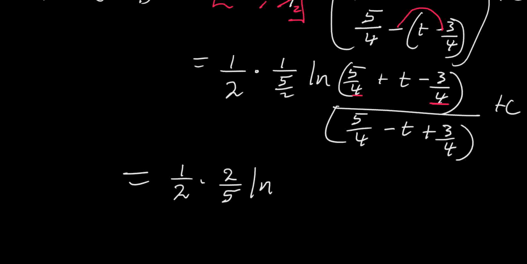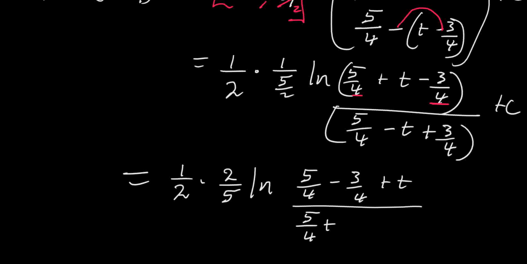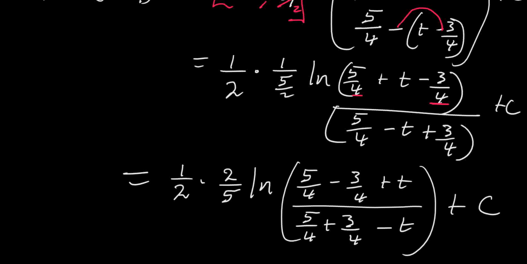So this is going to give us 5 over 4 minus 3 over 4 plus t over 5 over 4 plus 3 over 4 minus t. Put that in parentheses, plus c.